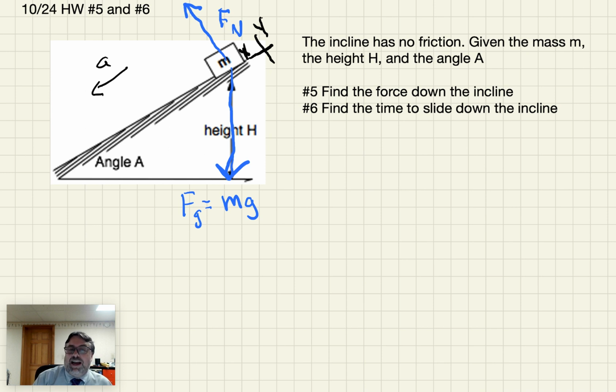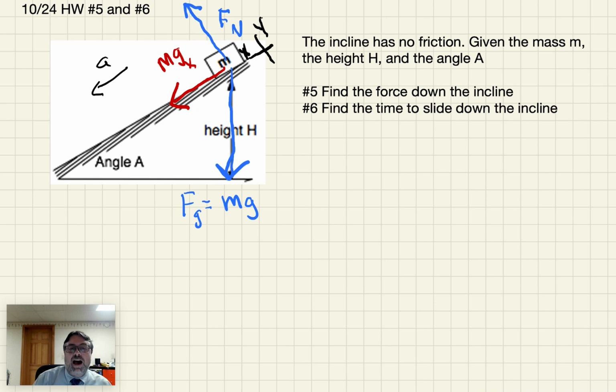My acceleration is now in the x direction, but my weight vector is now not in either just x or y, which means that I need to break the weight vector up into components. So I'm going to do that. My weight vector is going to go down about this much in the x-axis. I'm going to label that mgx.